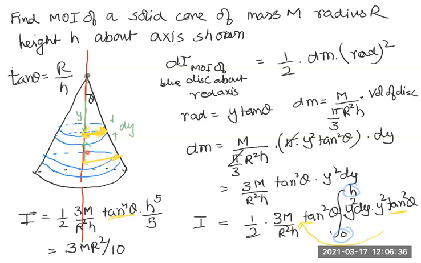But you cannot say for this element the radius will be so, and for that element the radius will be so. Basically not even one point is fixed, so we cannot write it.